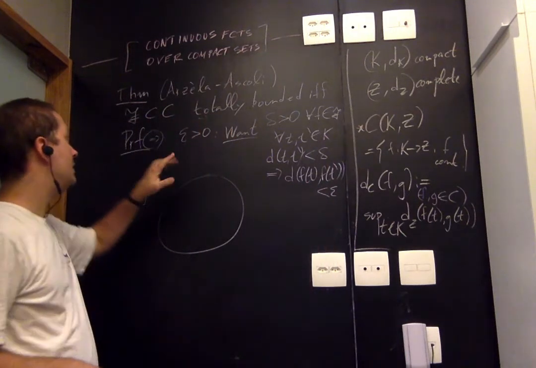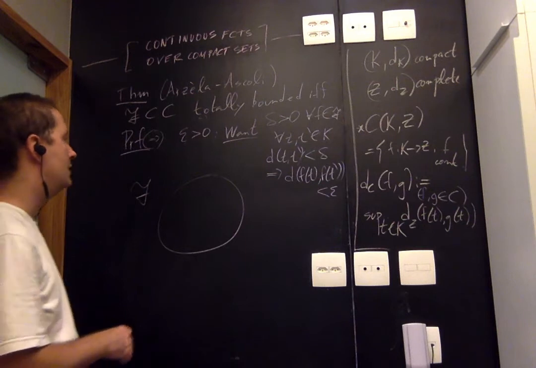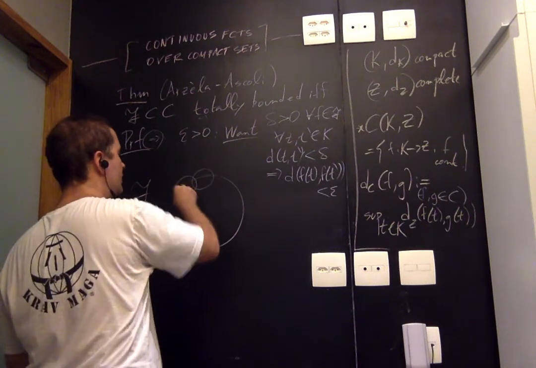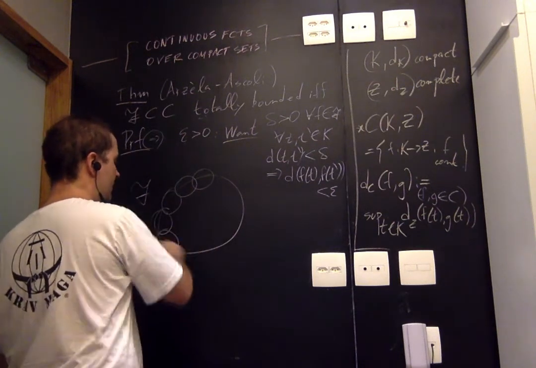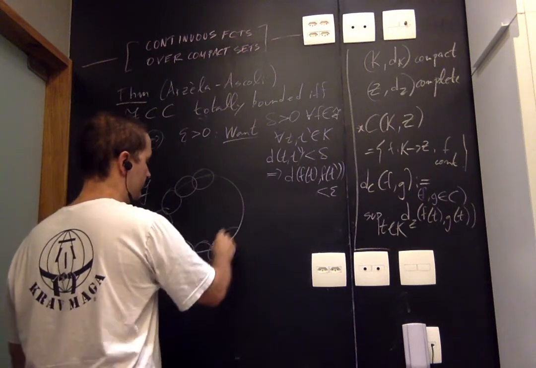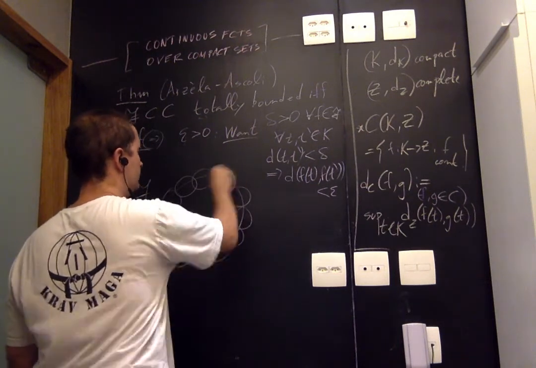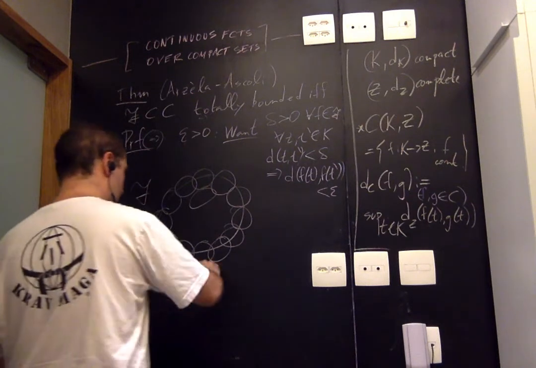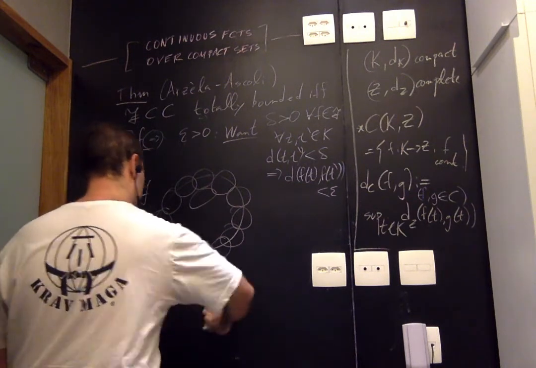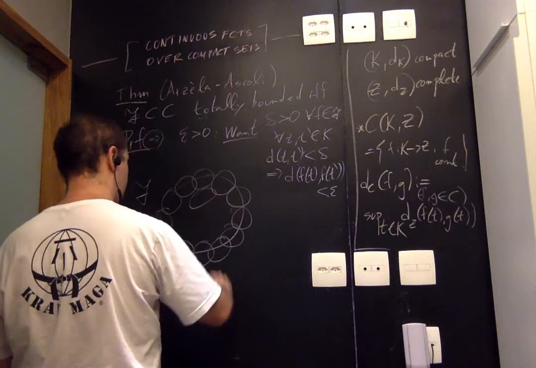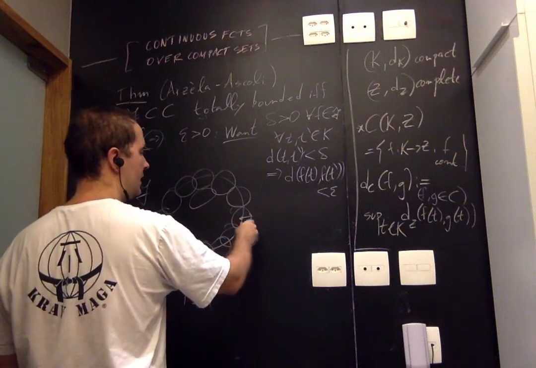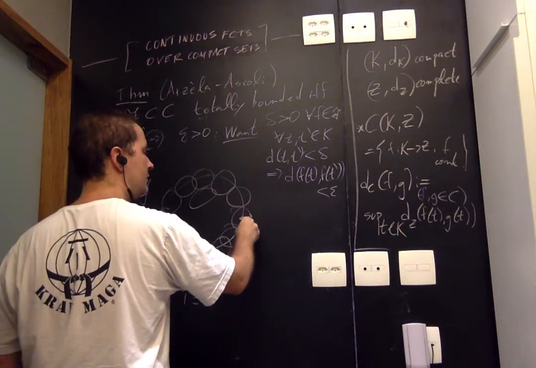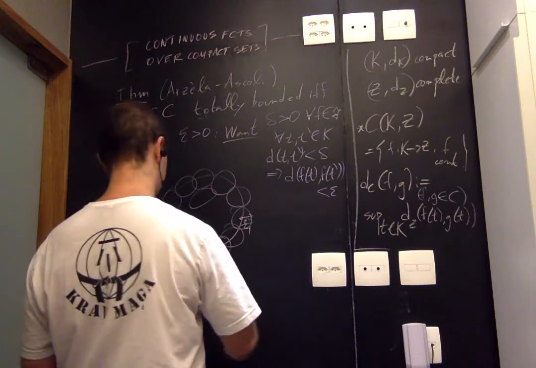So what do I do? All I know is that F is totally bounded, right? So I'm going to just cover it by very small balls, a finite number of them. So F is contained in a union of a finite number of balls. And the important thing is that I take their radii small enough.